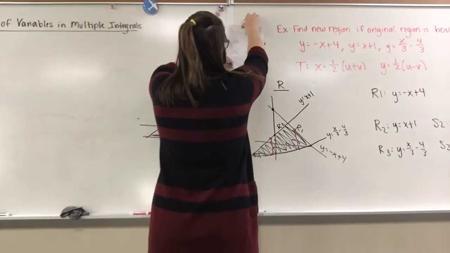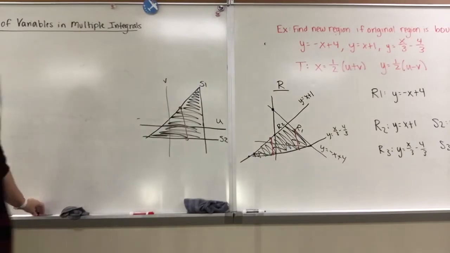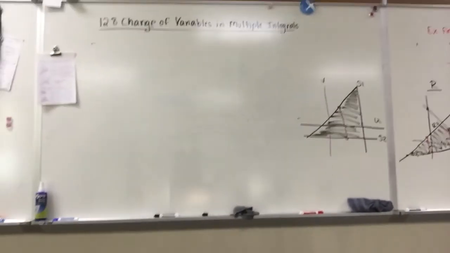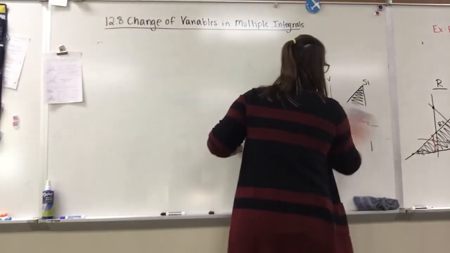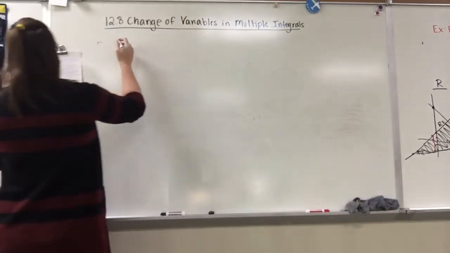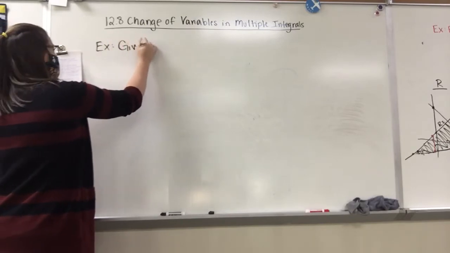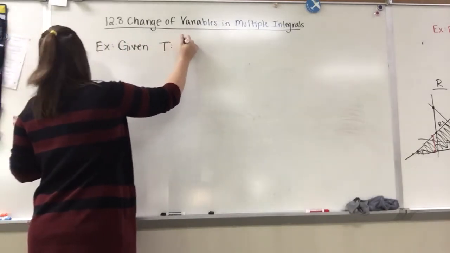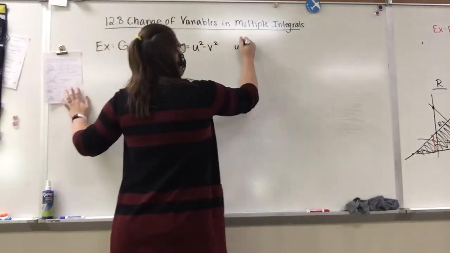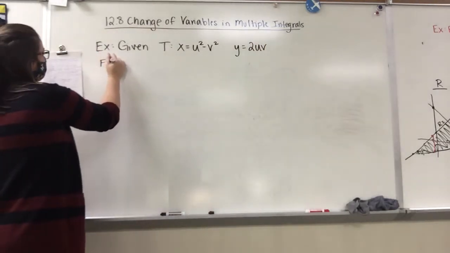I got one more. So this one is actually going backwards. Again, just getting us comfortable with this. You're not gonna ever do this. You're not gonna take the easy one and make it hard, just so we are aware. But let's just convert. So our last example for today, given a transformation that says x equals u squared minus v squared, y equals 2uv, find the original region.